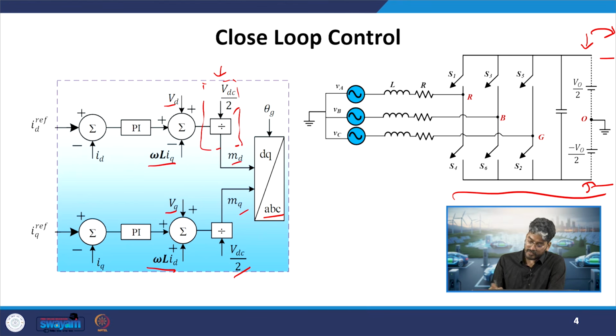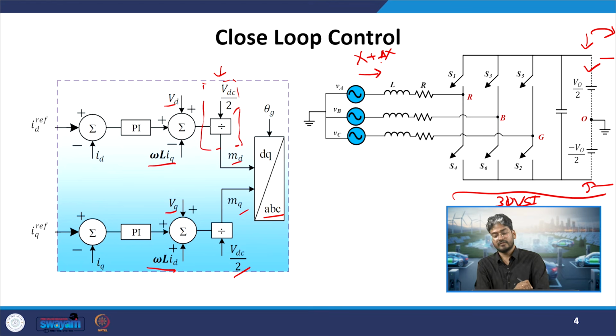Okay. Suppose now let us consider that as a load for this stage, that is, for our 3-phase VSI, we will consider that as a loading. Now suppose the load requires some X amount of current, but by mistake our controller has drawn X plus delta X current from the grid. So, what will happen now? The DC voltage will be rising.